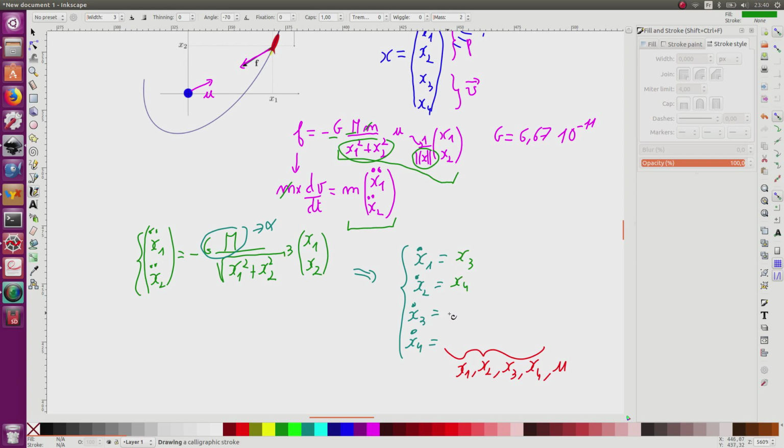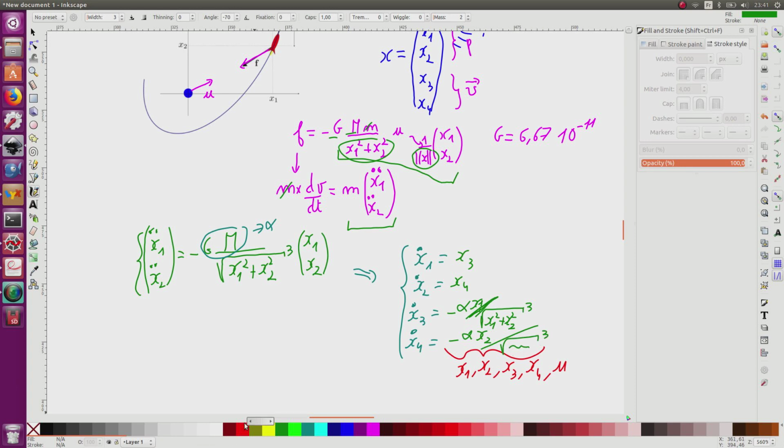Here I will have minus alpha x1 divided by the square root of x1 square plus x2 square to the power 3, and the same with x2.